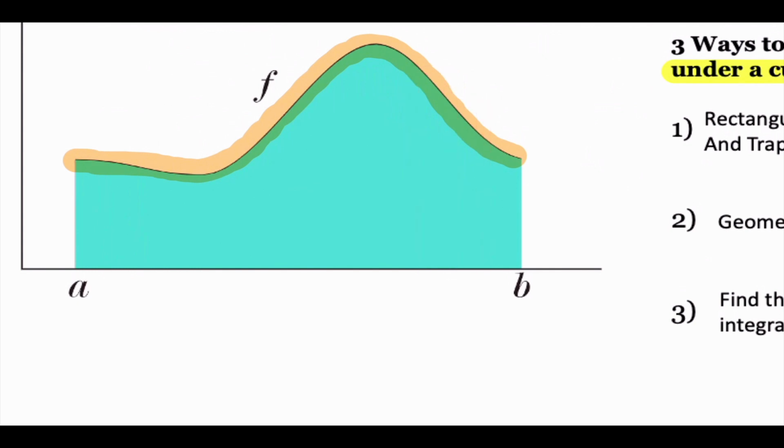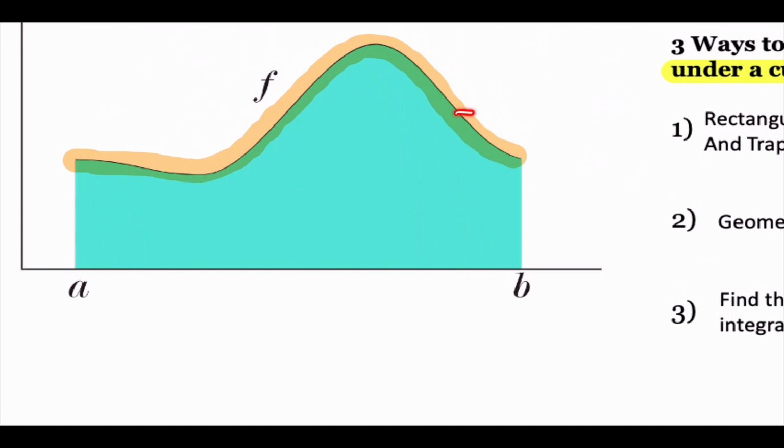Well, if we want to find area exactly, we don't want any overestimates. So the way to do that is to slice up the rectangles so thin that there is no overage. How many rectangles do we slice them up into? An infinite number of rectangles. If we had an infinite number of rectangles, we could slice them up so thin that it wouldn't go over.